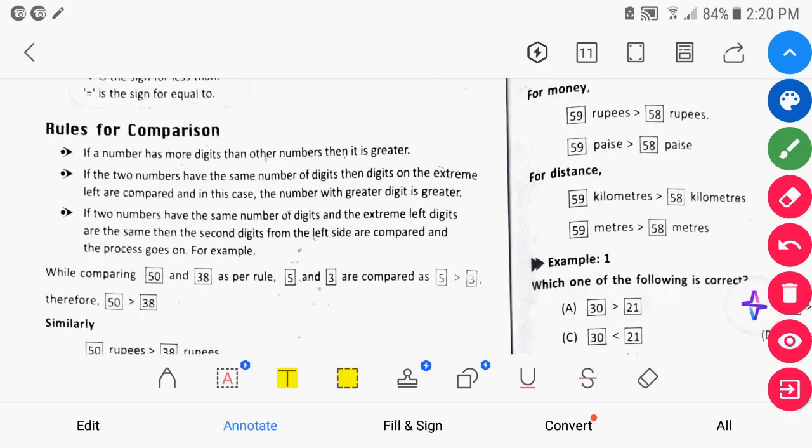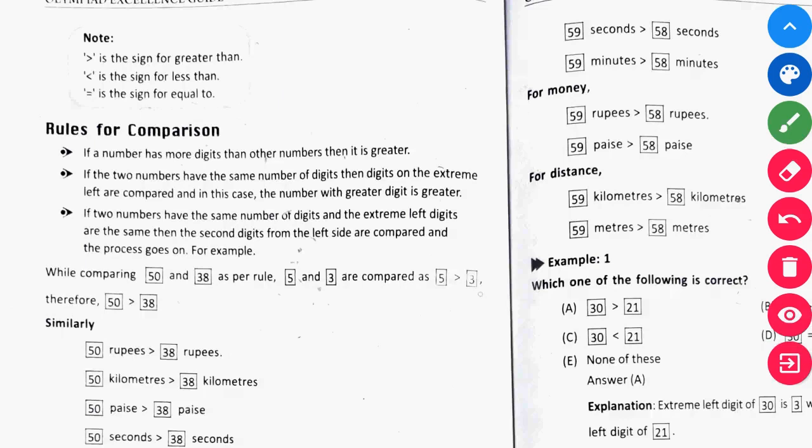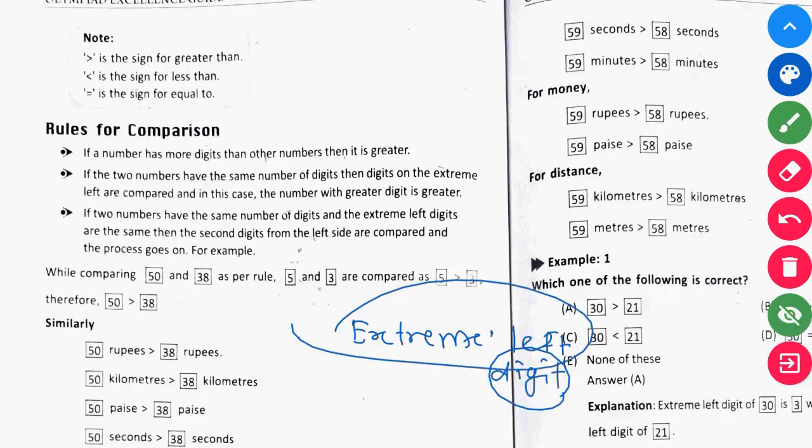Now see, if there are more digits in the number, how do we find which number is greater? I already told you that we think of the extreme left digit first. We check in which number that digit is bigger.